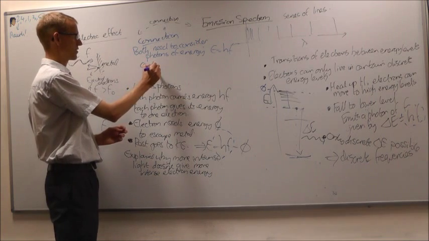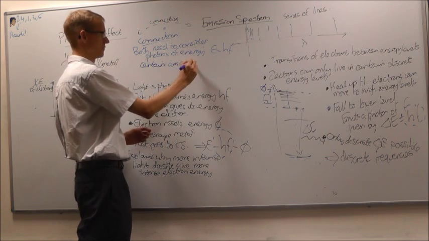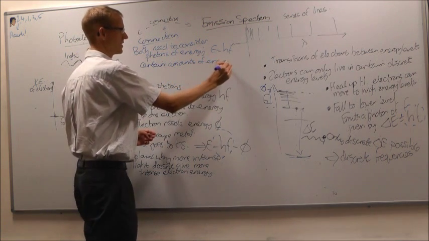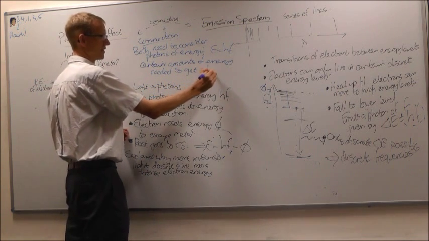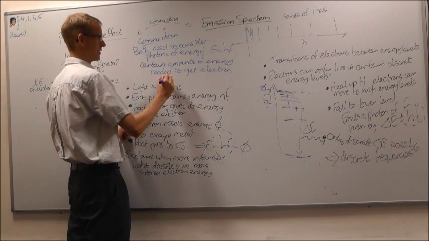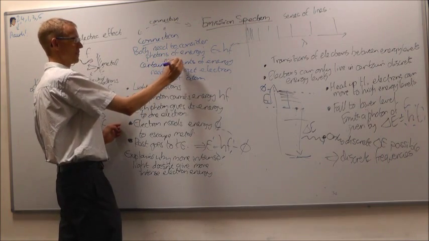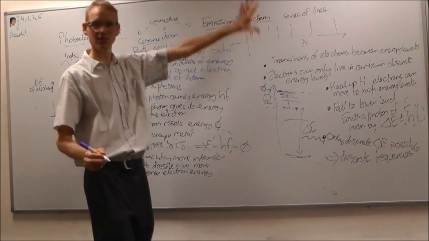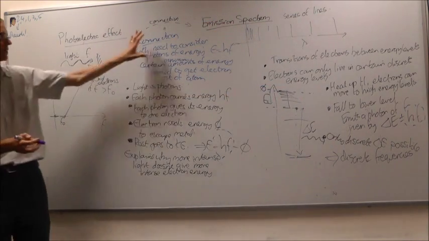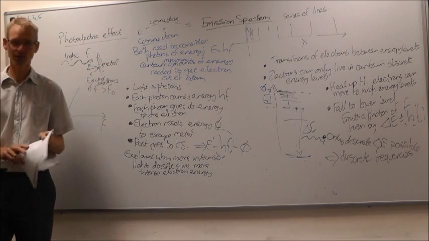So certain amounts of energy needed to move an electron. I guess we should say minimum amount of energy to get your electron out of the atom, and then it's free to go. And there are some connections between them. It's really photons. This is what we're talking about, photons.